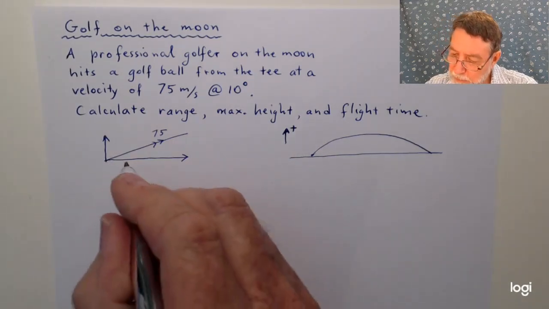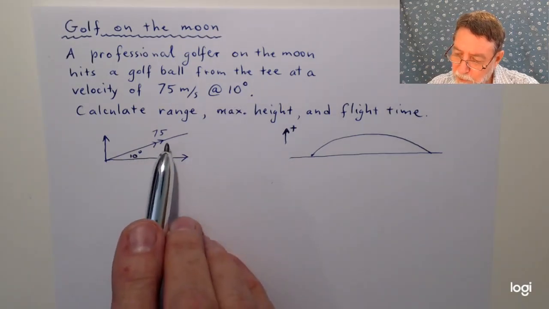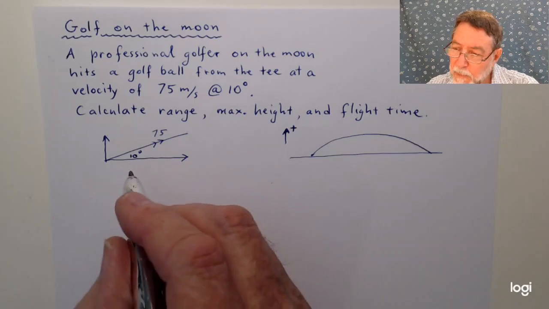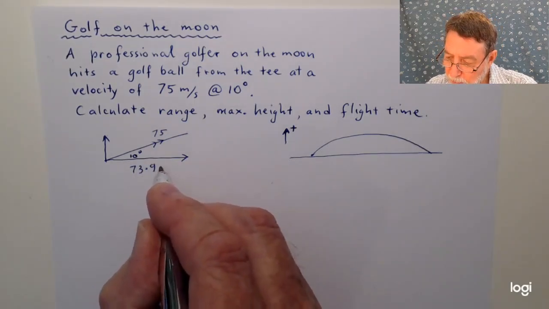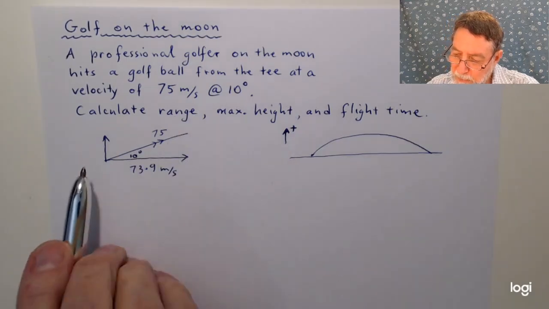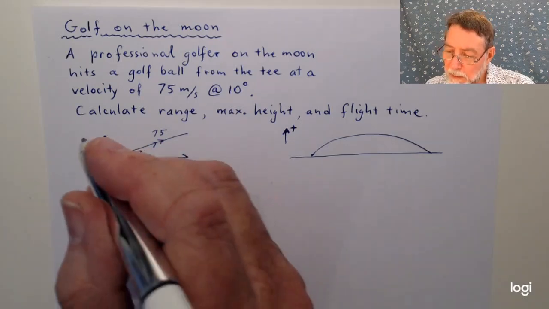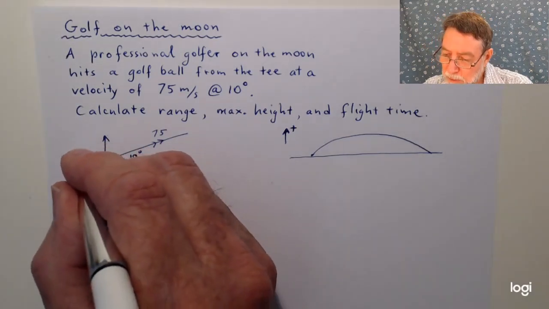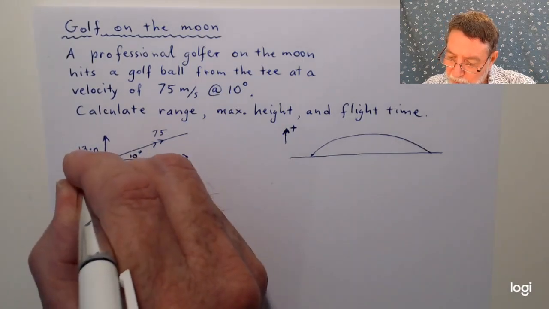Here's 10 degrees, so horizontally 75 by the cos of 10, that comes to 73.9, and over here 75 by the sine of 10, and it gives 13.0, and that's also meters per second.